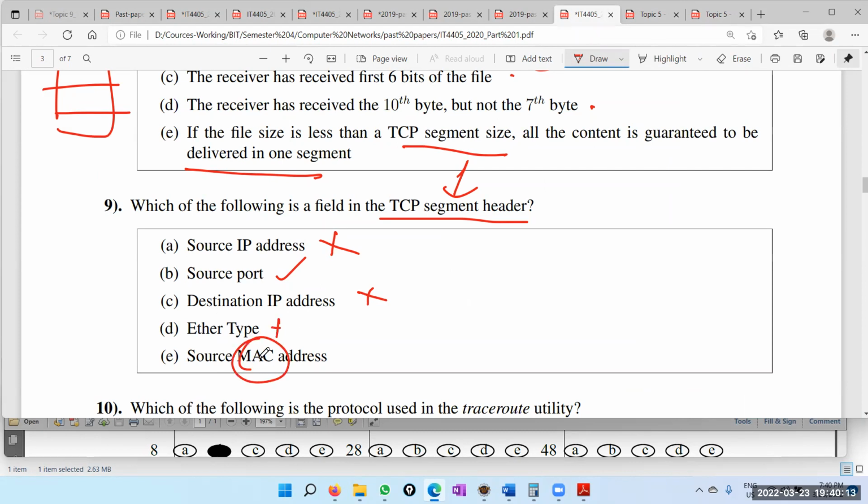It's in the logical link layer, right? This is passing even the network layer. This is the transport layer, right? So MAC addresses are something to do with the link layer. So the correct one they're asking, the source port, destination port, checksums, and other things, sequence numbers, flags, etc. Answer is B.